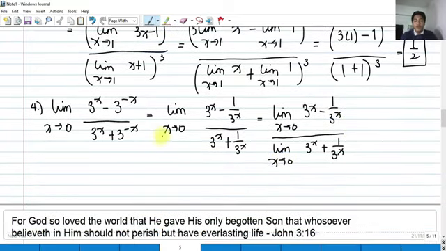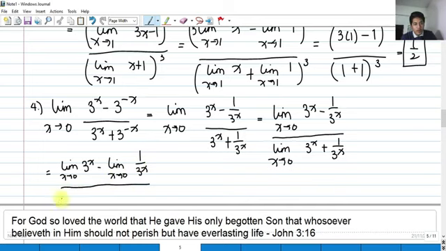If we evaluate the limit further, we have the limit of 3 raised to x as x approaches 0 minus the limit of 1 over 3 raised to x as x approaches 0, over the limit of 3 raised to x as x approaches 0 plus the limit of 1 over 3 raised to x as x approaches 0.